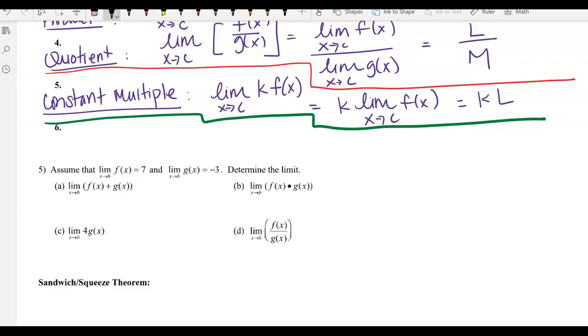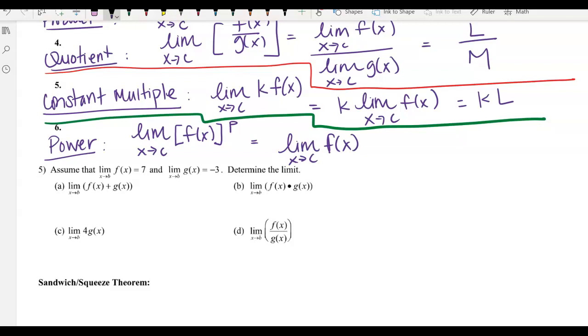And the last one is the power rule. If you have the limit as x approaches c of f of x raised to the power p, it's the same as saying the limit as x approaches c of just f of x, get that answer, and whatever that answer is, now raise it to the power outside.